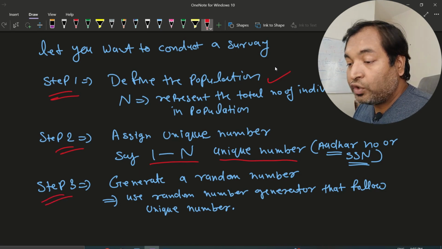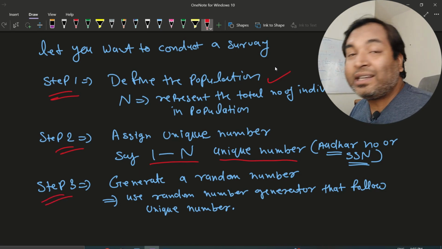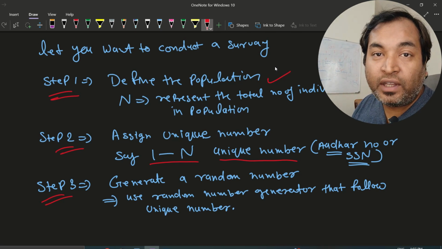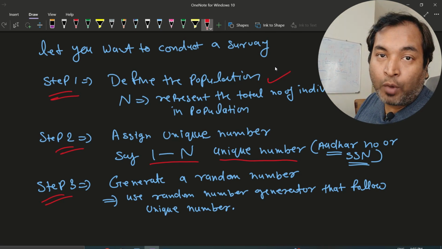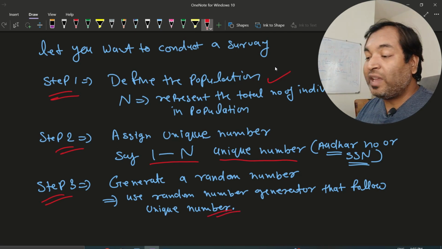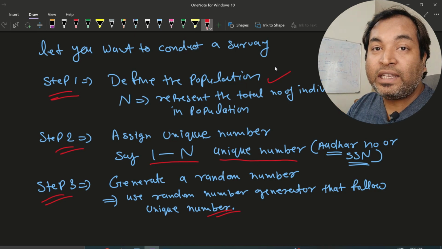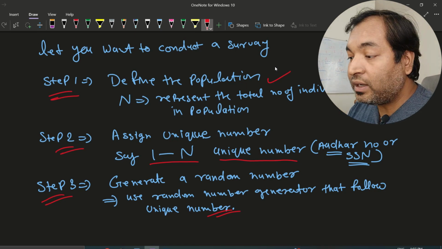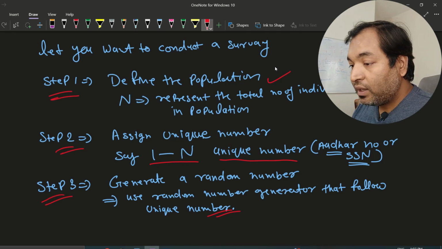In step 3, you have to generate a random number for each and every member of the population, using a random number generator, so that each one gets a unique random number.